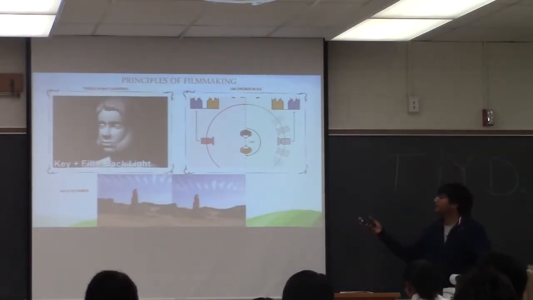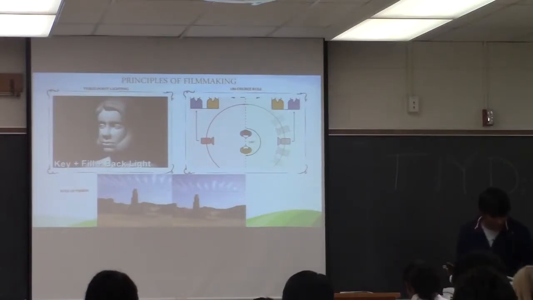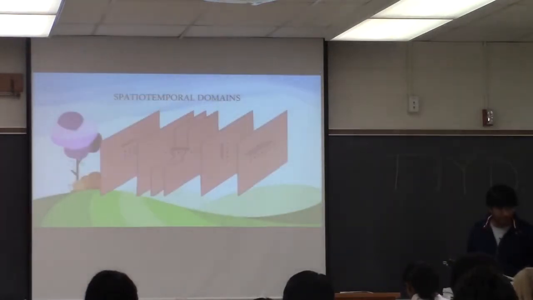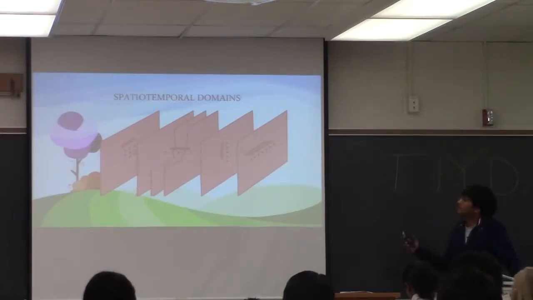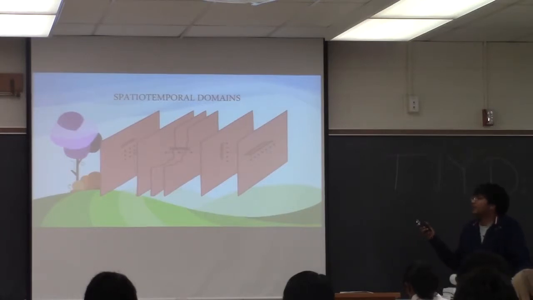You can edit the 9 regions as you wish. Spatial temporal domains are mainly used for editing. You can rotate the image in any direction if you want. Spatial and temporal are used to enlarge, zoom in and zoom out.